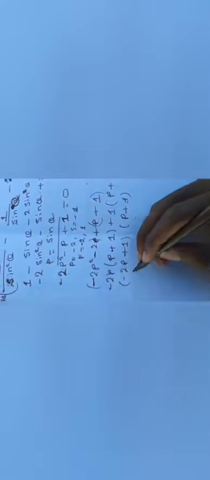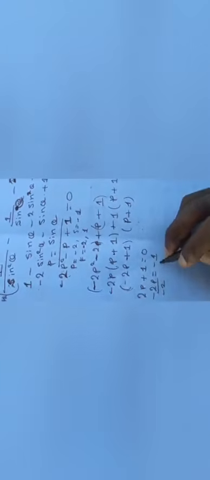Now let's solve for p. This question is involving a little bit, but we're going to undo it. So I'm going to get this factor and equate it to 0. So -2p - 1, over -2 over -2. So eventually p is going to be equal to 1 over 2.